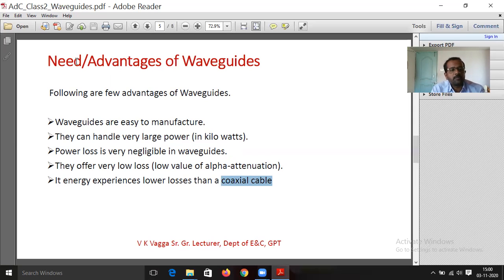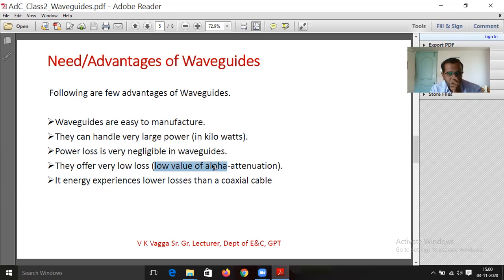Okay, I am going to repeat once again the advantages of the waveguides. The important advantages of the waveguides are: it is very easy to manufacture, and it is able to handle very large power, in terms of kilowatts. And in this case, the power loss is going to be negligible, especially because of the low value of alpha here.